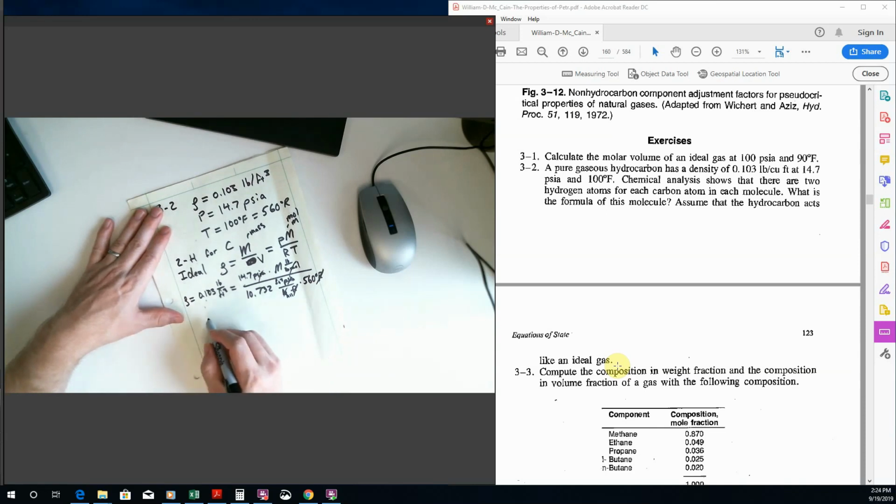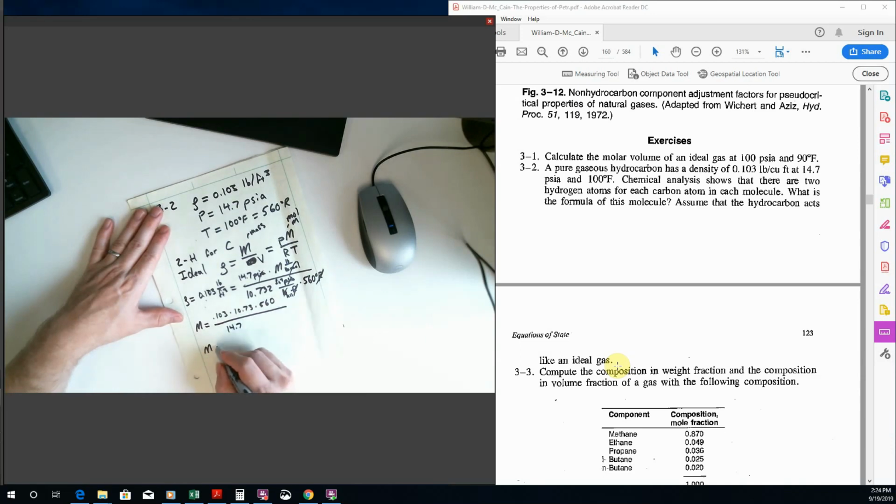So what we ultimately end up with is M equal to 0.103 times 10.732 times 560 divided by 14.7. Is that right? Yeah, that's right.